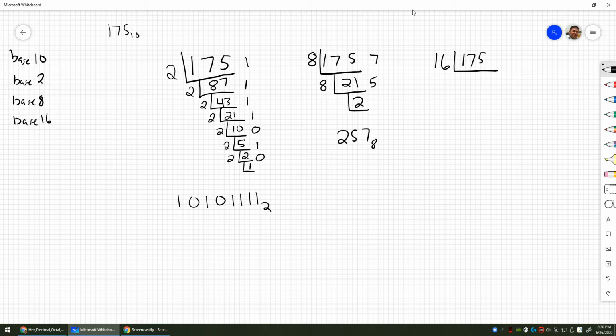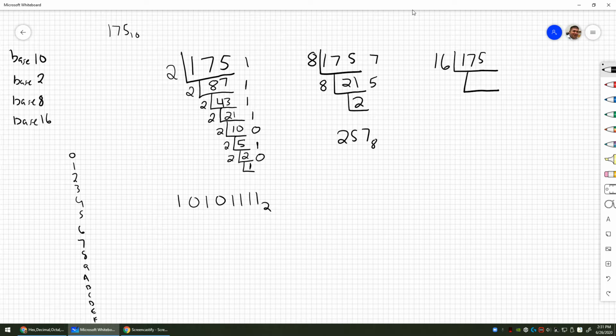Anyway, we have to remember our hexadecimal digits, 0 through 9, and then we go to A through F. So 0 through 9, 10, 11, 12, 13, 14, 15. We have to remember that. So let's put 16 into 175.